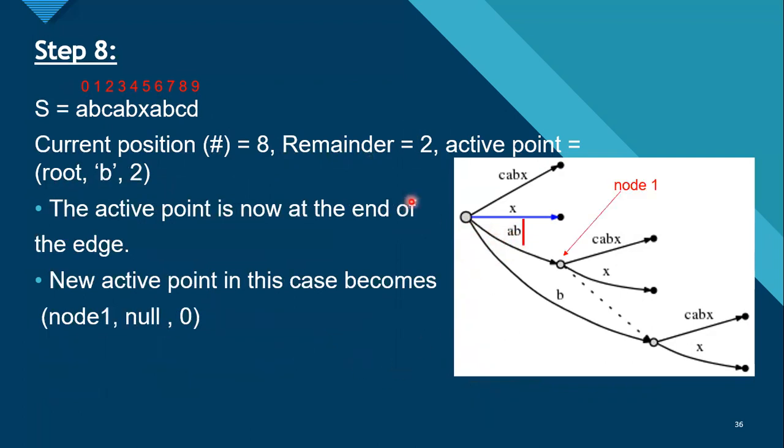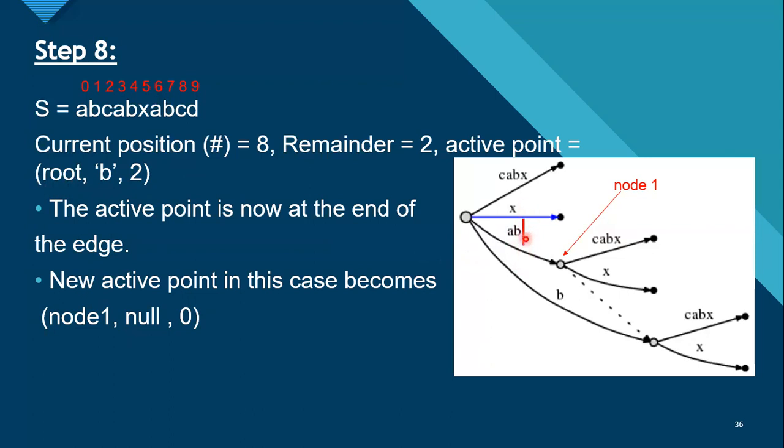But after we updated the active point, it became root B2. So it's now right here at the end of this edge. So we are falling off this edge.